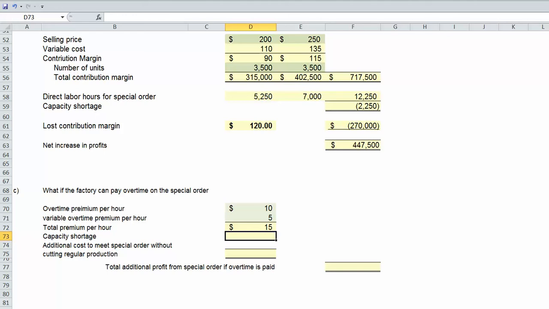Since we had a capacity shortage of 2,250 hours, the additional cost that we're going to incur to meet the special order without cutting our regular production will be $15 per hour times the 2,250 hours, or $33,750.